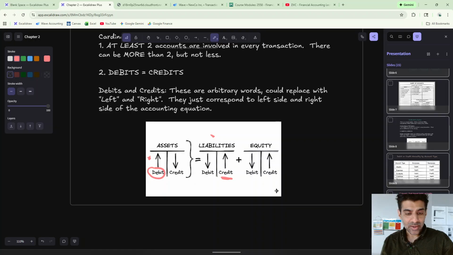And if it decreases, when you pay off a loan, you would debit it. And the same thing with equity. So really, you can say that this whole side is debit and this whole side is credit. Because when anything on this side increases, it's going to be a debit. When anything on this side increases, it's a credit.